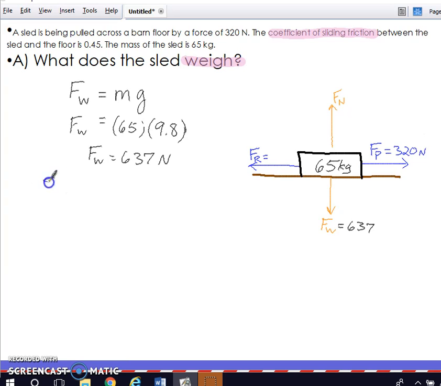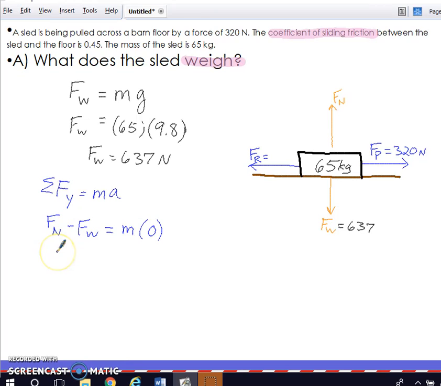First I'm going to start out, sum of all my forces in the y is equal to ma. We know, number one, that there's no acceleration up or down. The sled stays on the floor. And there are two forces present vertically. So I have Fn minus Fw equals mass times 0 acceleration.